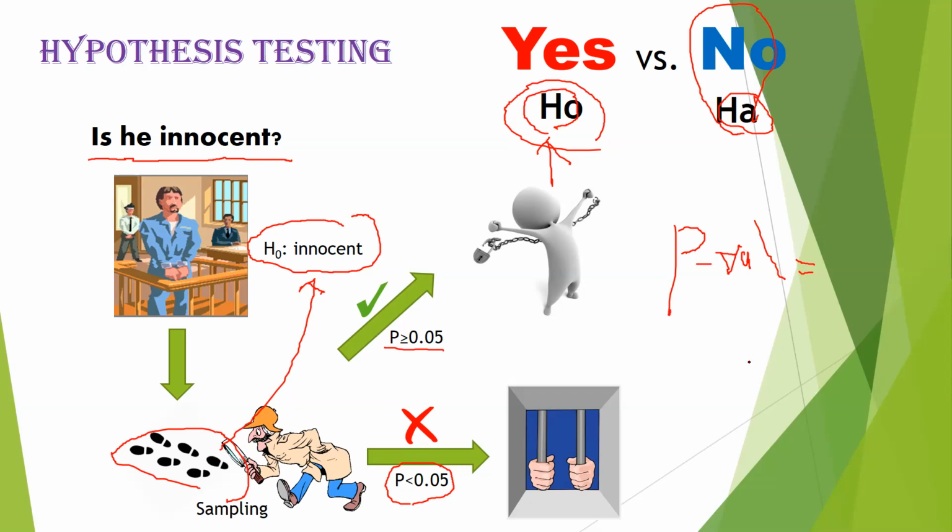If the p-value is extremely low, your data is totally contradicting your null hypothesis, and you have to reject it based on your collected evidence.